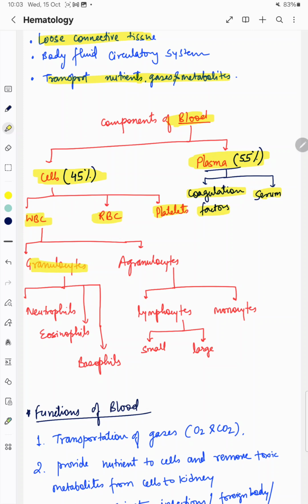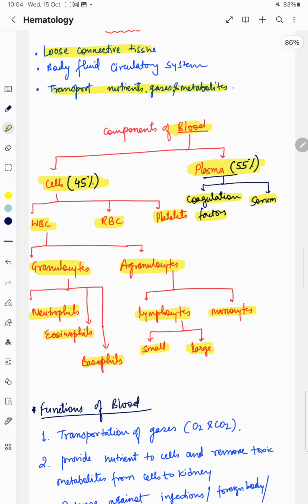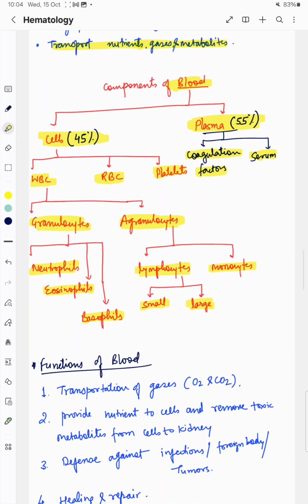White blood cells are divided into granulocytes, which contain granules in the cytoplasm, and agranulocytes, which have no granules in the cytoplasm. In granulocytes we have neutrophil, eosinophil and basophil. In agranulocytes we have lymphocytes, which are further divided into small and large lymphocytes, and monocytes. So this is the basics about blood and its components.